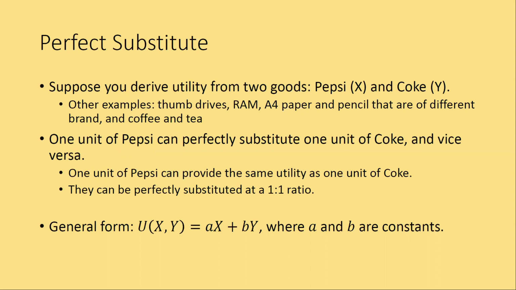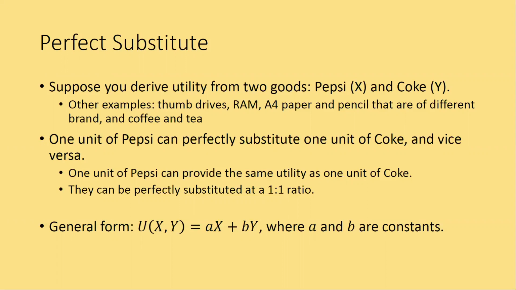So let's suppose you derive utility from two goods, Pepsi and Coke. For some people who may have a strong preference for one over the other, you can use other examples, such as some tech products like thumb drives and RAM produced by different manufacturers, or some commodity that has a single purpose, for example, A4 paper and pencils produced by different companies.